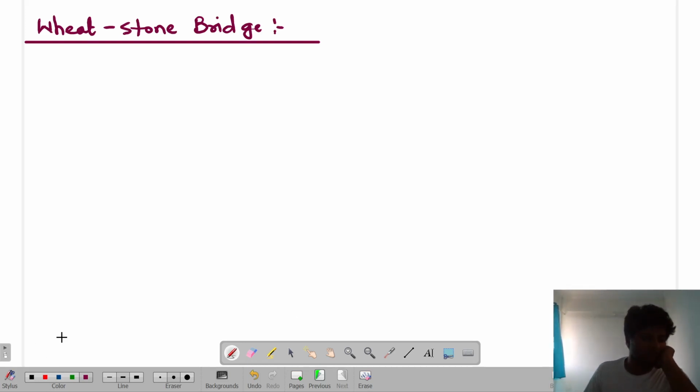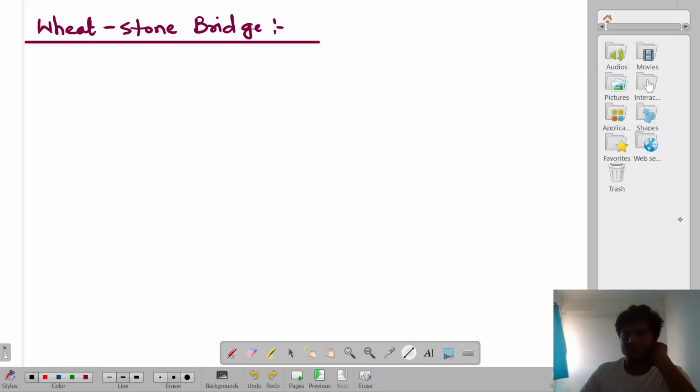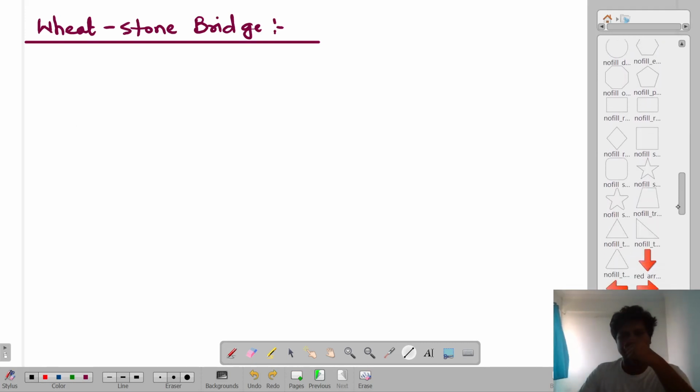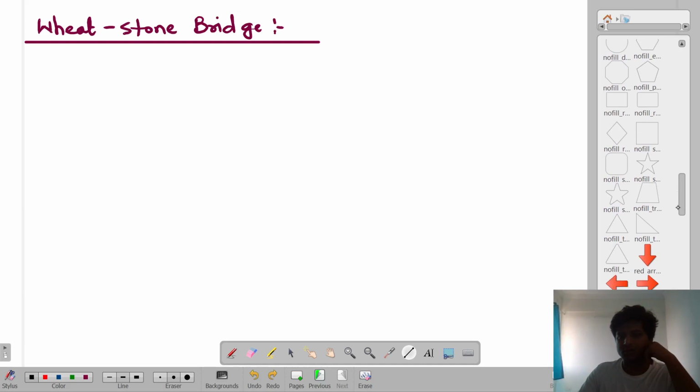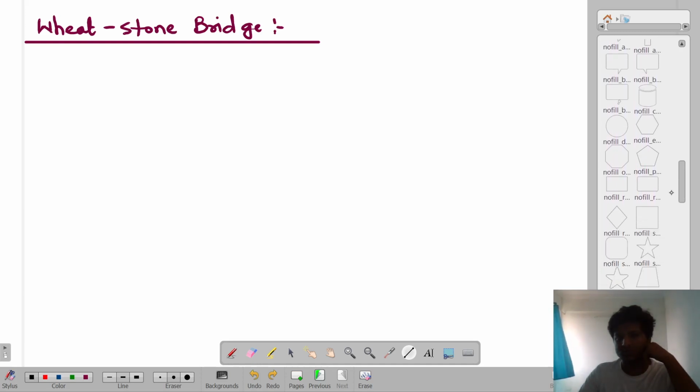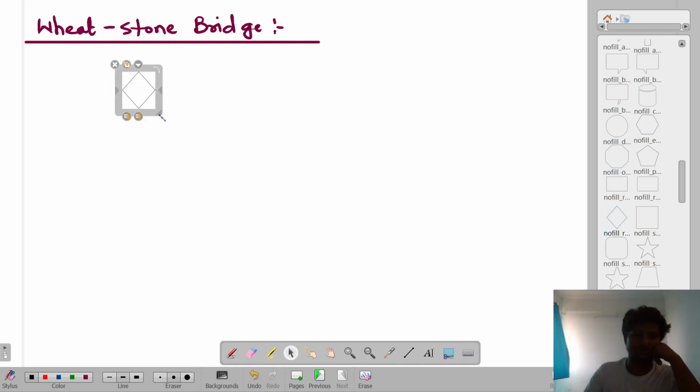When I'm considering a Wheatstone bridge, the connections are like of this way. Is there any such diagonal?